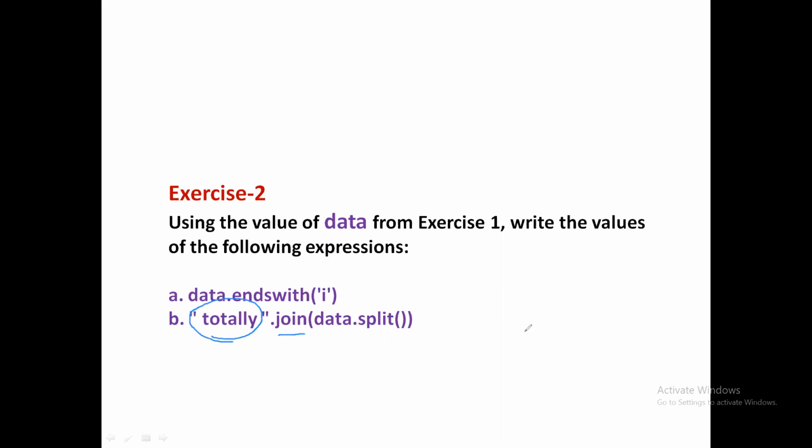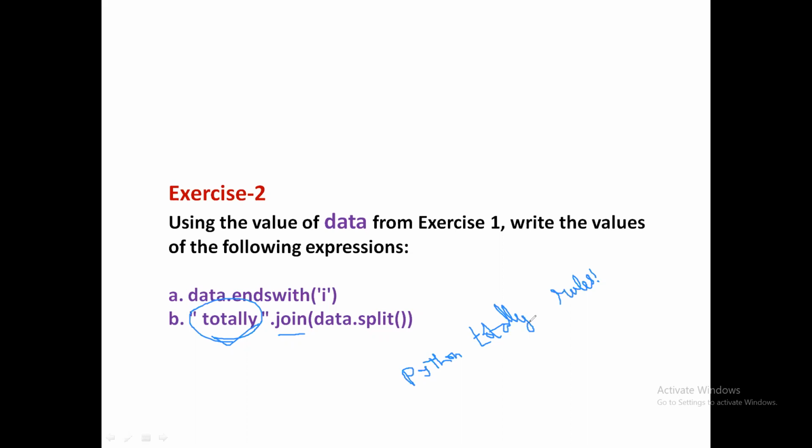Therefore, the output that is going to be produced should be Python. This is the first substring in the list. And the second substring is rules, right? From the list. After splitting, you will get this Python rules. And because you are calling the join method with this separator, the separator between these two substrings must be the separator. The output should be Python separator rules. This should be the output you are going to get.